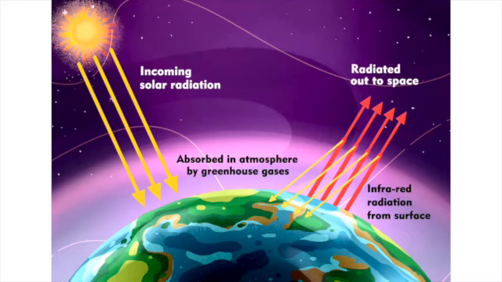As those rays of sun pass through our atmosphere, the molecules in the atmosphere, the oxygen and the nitrogen and the argon, carbon dioxide, etc., absorb a lot of the heat or energy from that infrared light. So there's a lot of absorption of that heat as the light comes through our atmosphere.